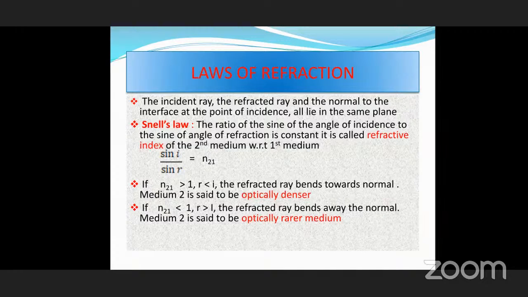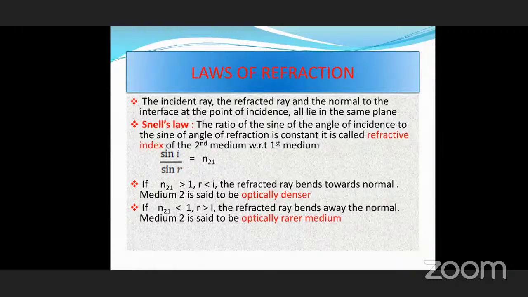So, what is the refractive index for which medium? The second medium, sin I by sin R. That's why it is represented by small n, 2 1. Here n means refractive index of the second medium, and 1 means with respect to the first medium.